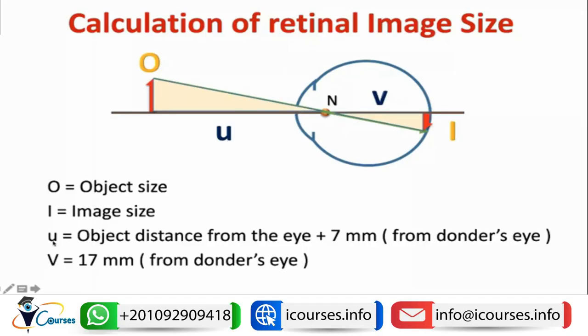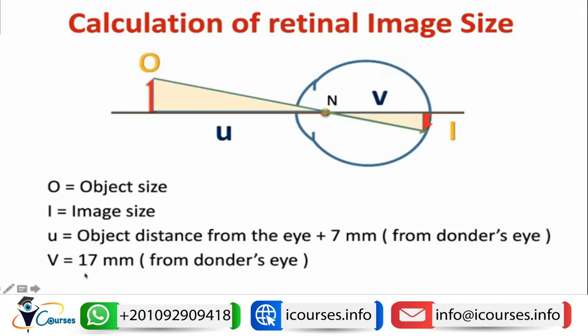So we can now know the value U, or the object distance from the nodal point, by knowing the distance of the object from the eye and adding to it the distance between the nodal point and the anterior corneal surface. Also we can measure V, the distance of the retinal image from the nodal point.